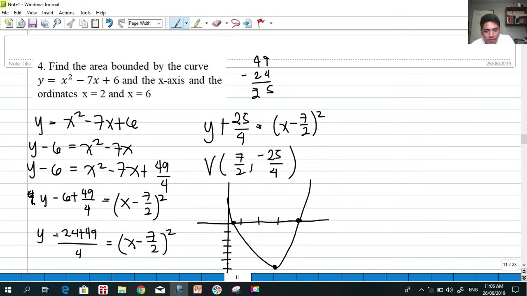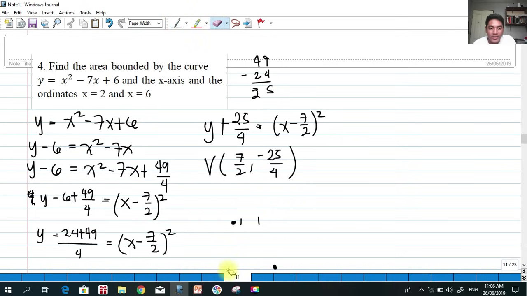So let's try to draw again. We have ordinates equal to 2 and 6.